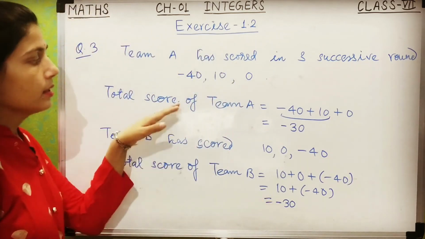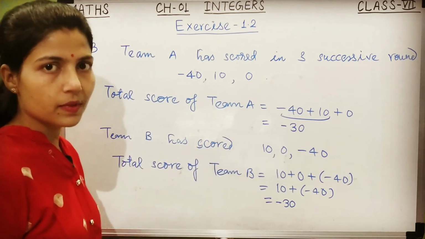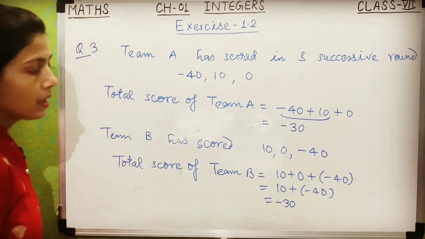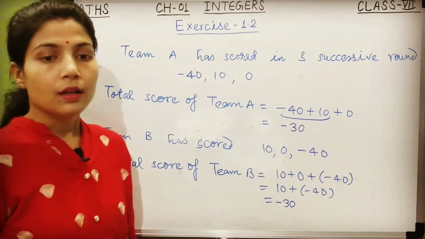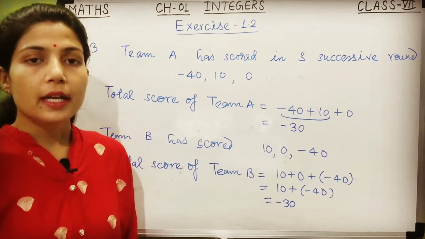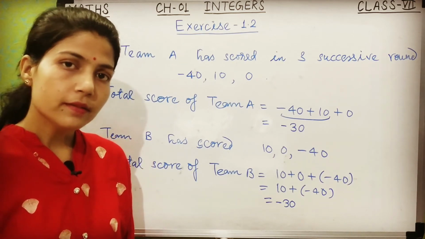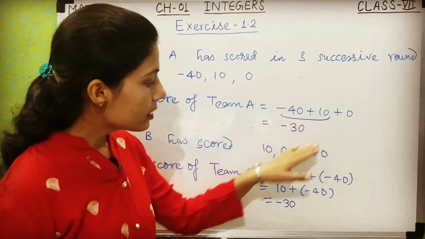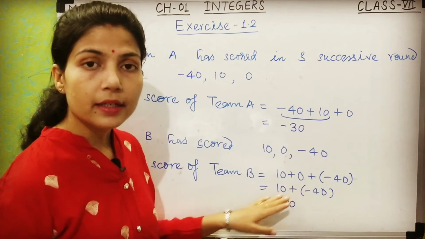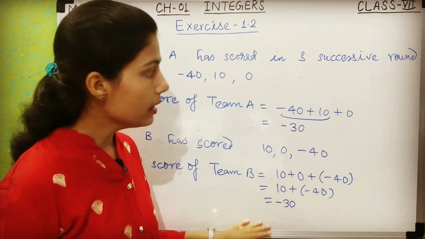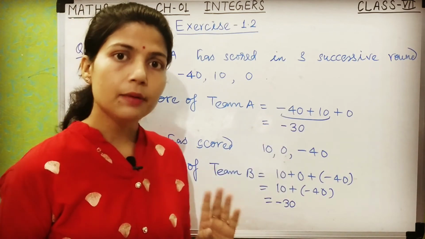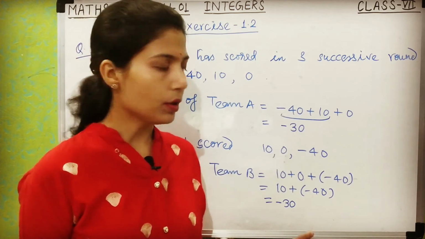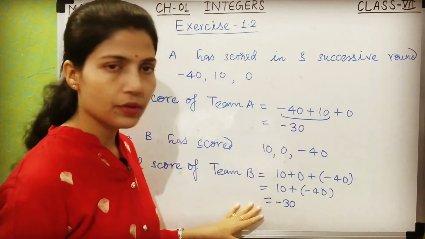Now see, both teams have scored the same. Can we say that we can add integers in any order? So yes, we can say the integers can be added in any order. If the integers are the same, then we can add them in any order, as in this question.